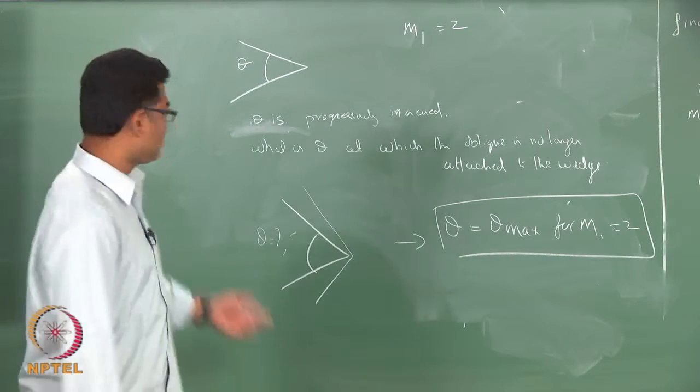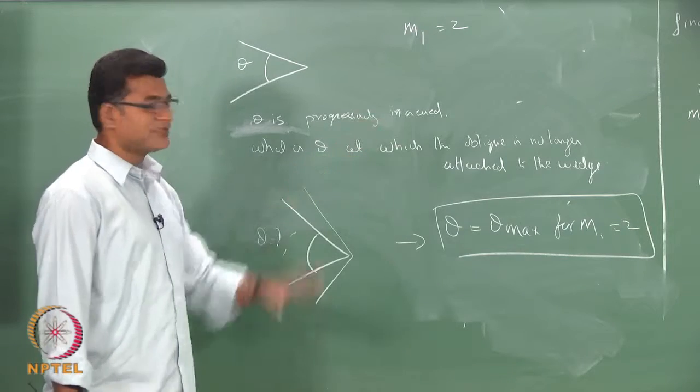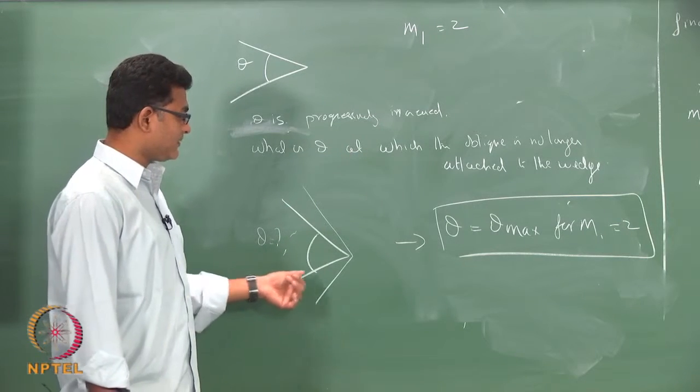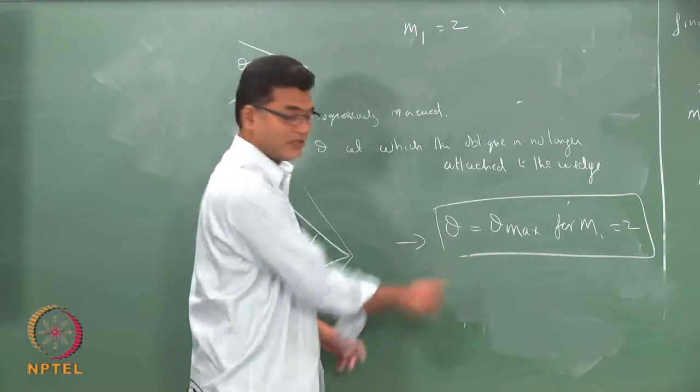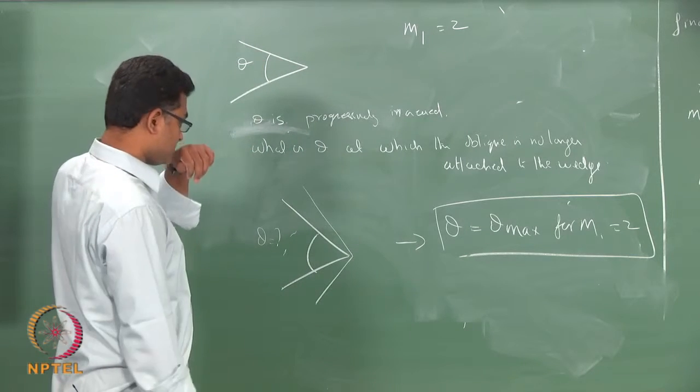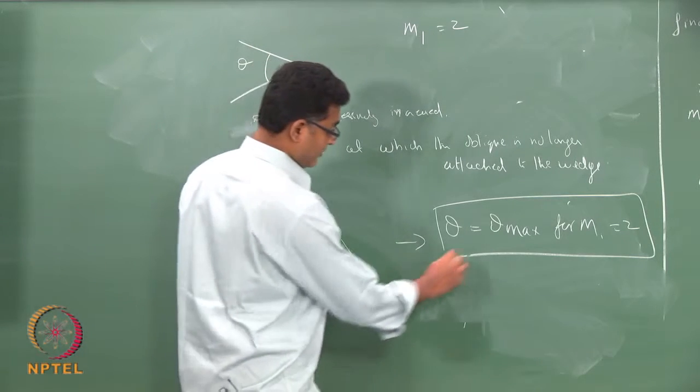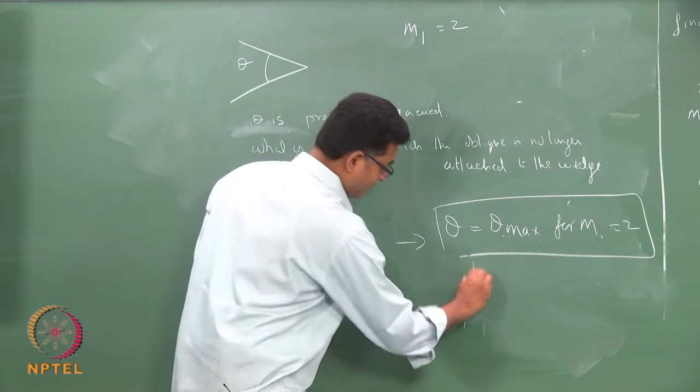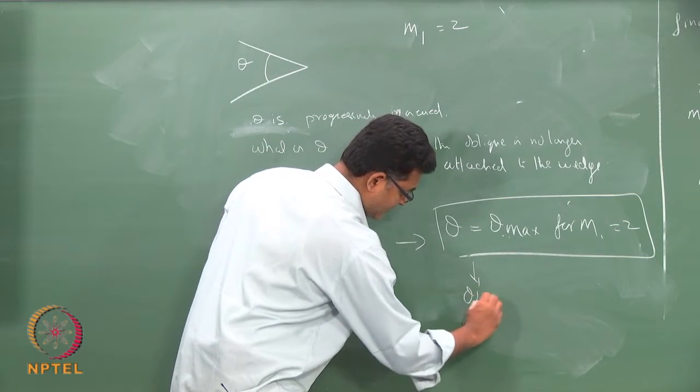What is the theta at which the oblique shock is there? So we will find theta equals theta max by 2. Oh, this one. Yeah. So correct. So all you need to find is theta max by 2. From the chart you are going to get theta by 2.